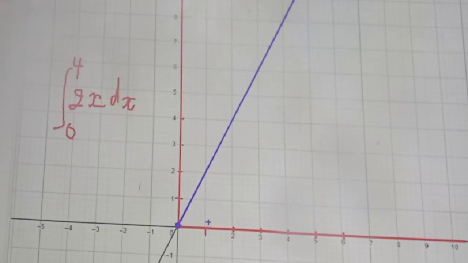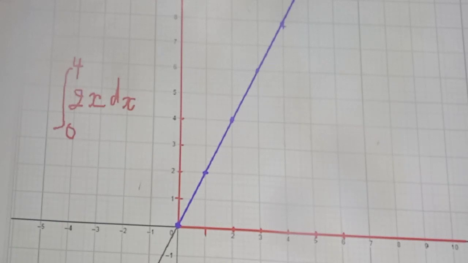For x equal to 1, y is equal to 2. For x equal to 2, y is equal to 4. For x equal to 3, y equal to 6. For x equal to 4, y is equal to 8. We can stop here because the boundaries given are 0 and 4.